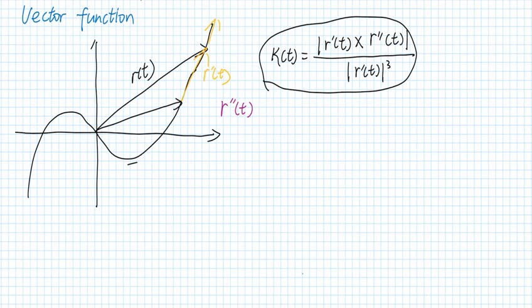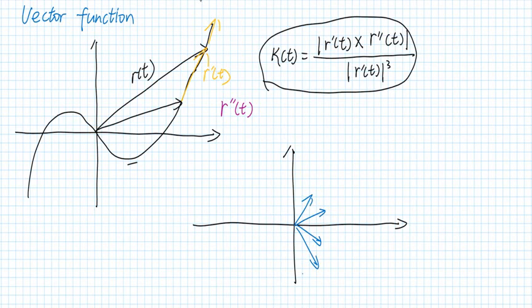So to show their relationship more clearly, I will draw another graph. Let's say these vectors are r'(t) on a vector function r(t). And r''(t) is something that makes r'(t) rotate, like this.